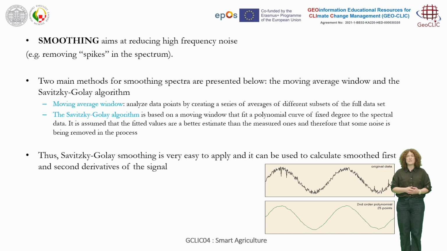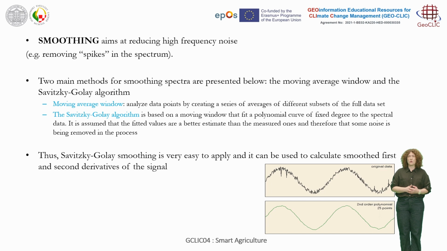Smoothing aims at reducing high-frequency noise, like spikes in the spectrum, and tries to smooth it. For that, we use the moving average window approach and the Savitsky-Golay algorithm. Moving average window analyzes data points by creating a series of averages of different subsets of the full data set to reduce these spikes.